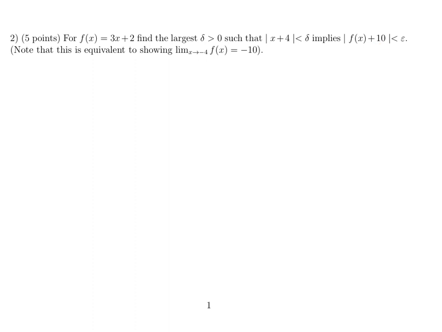What we'll do is we'll start with this expression here. We'll put the function in place of f of x and simplify it until we see an x plus 4. So the process is we'll start with the absolute value of f of x plus 10 is less than epsilon. Let's just pause here for a quick second. Notice that this is not a minus, it's actually a plus 10.